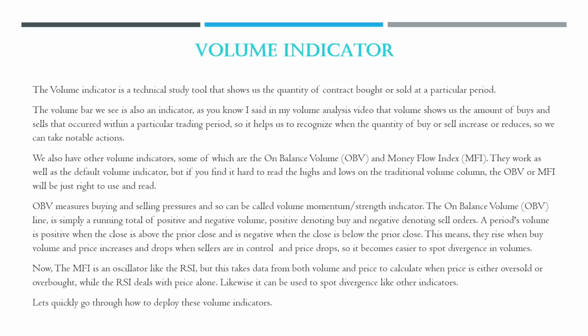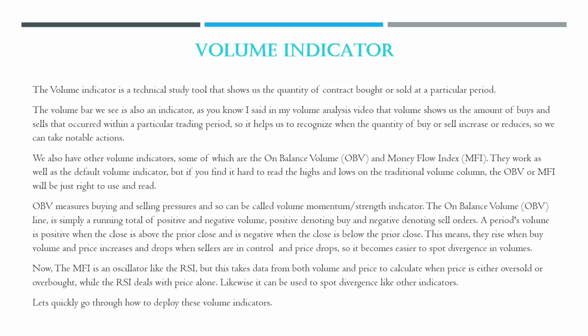On-balance volume measures buying and selling pressure, and so can be called a volume momentum or strength indicator. Remember, we have the momentum indicator and the strength indicator, which are the RSI and the MACD, right? So the OBV works just like them. The on-balance volume OBV is simply a running total of positive and negative volume, positive denoting buy and negative denoting sell orders.